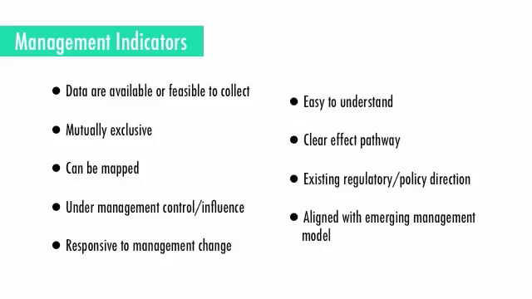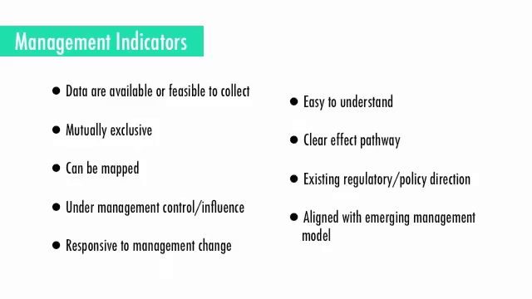And I know that that's an issue because the regulation and policy isn't necessarily there for the marine environment. And obviously, there's going to be a role also for engaging communities around this, and that's what this last bullet is talking about when we're talking about aligning this with the emerging management model.